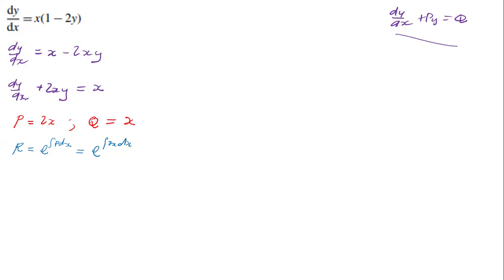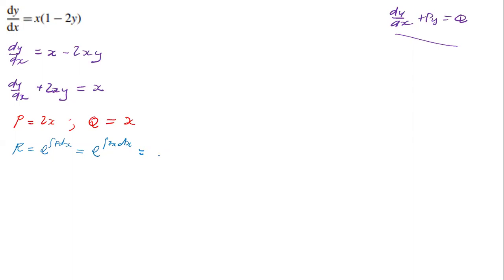But if our independent variable here was z, you're going to write integral of p dz. So be careful, be extremely careful. So here we have e to the power of the integral of 2x dx, right? So let us integrate this. I understand this is an indefinite integral, but you don't have to write c.